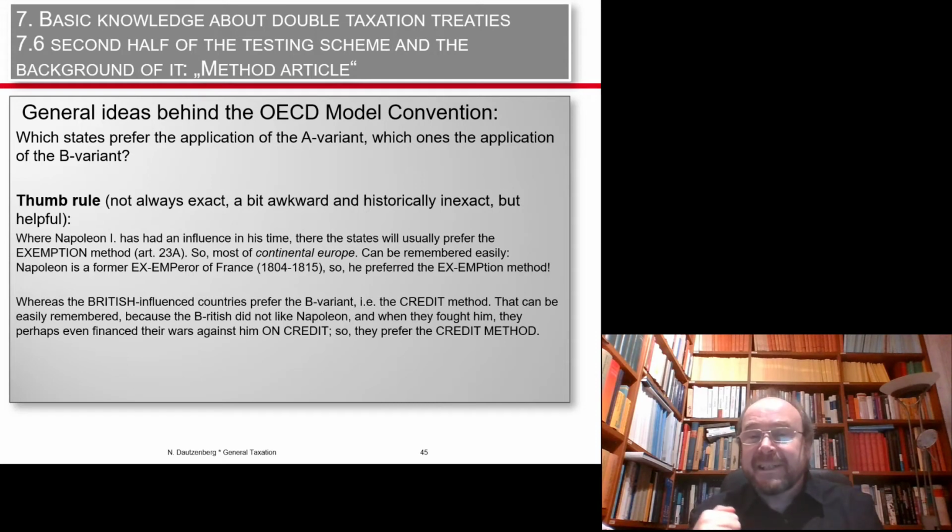So inexact rules which give a good hint what might probably be expected. For example, the continental European states usually prefer the exemption method. And my rule of thumb is that's usually the countries where Napoleon had an influence. Now, why do I mention Napoleon for continental Europe?